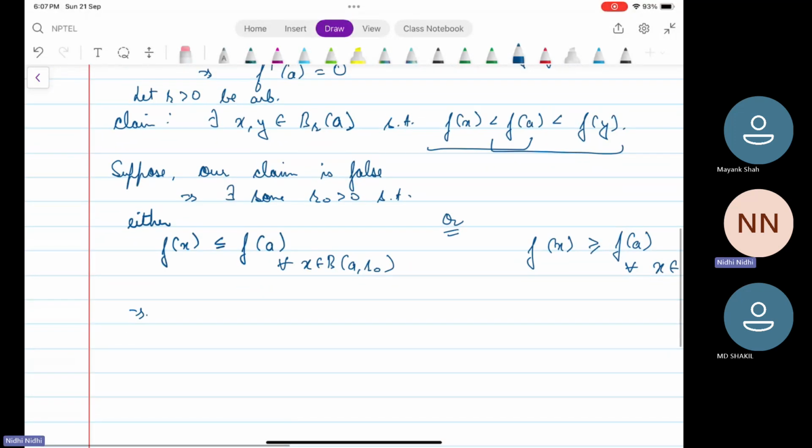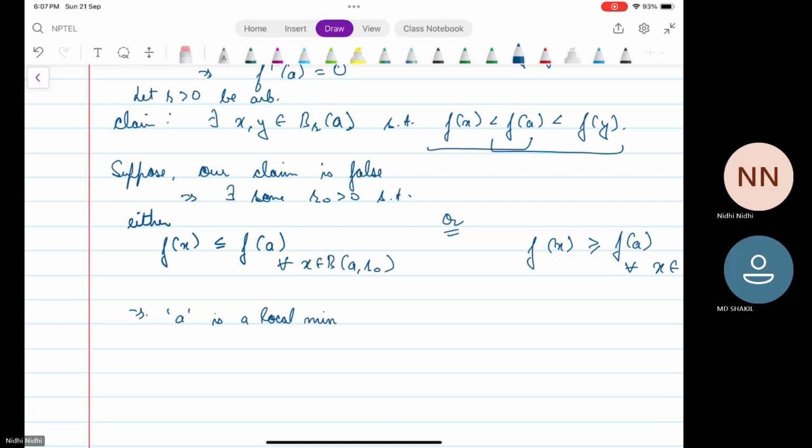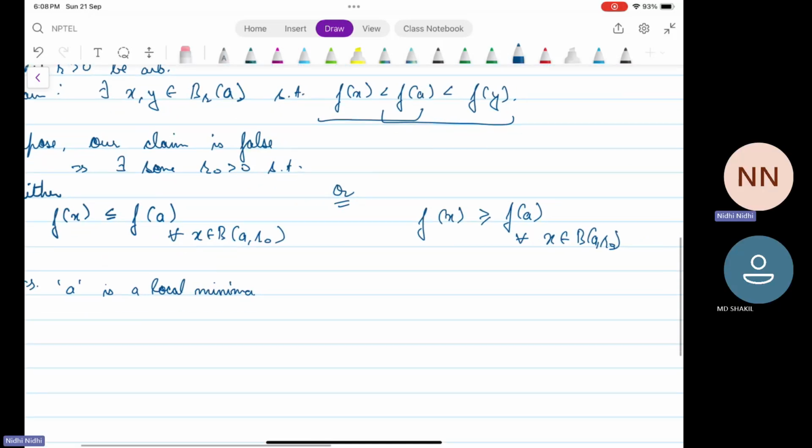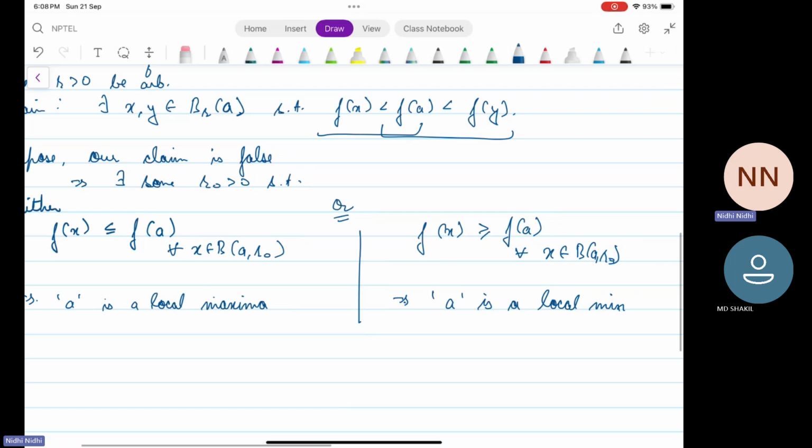In the second case, we'll get that A is a local minimum, which is a contradiction because A was a saddle point.